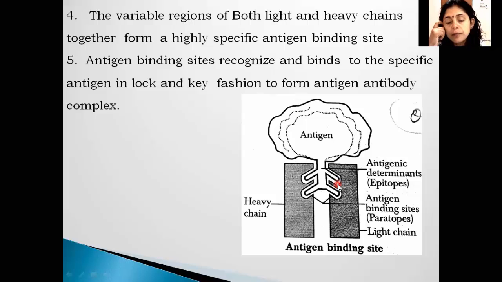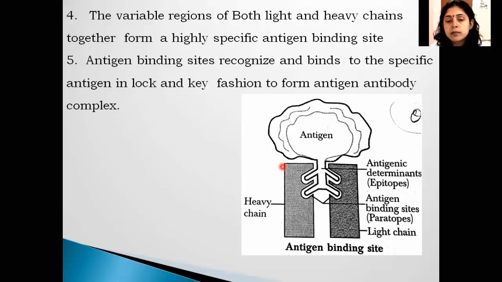Yesterday we saw that antibodies always bind the antigen, forming the antigen antibody complex. Some antibodies are free in the fluid.